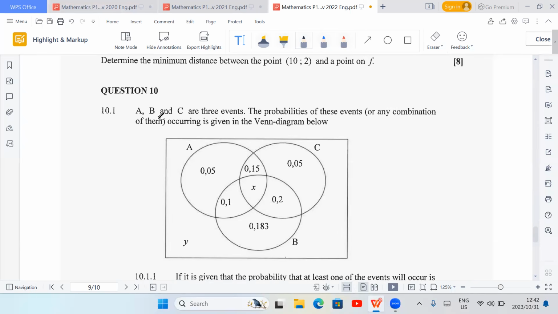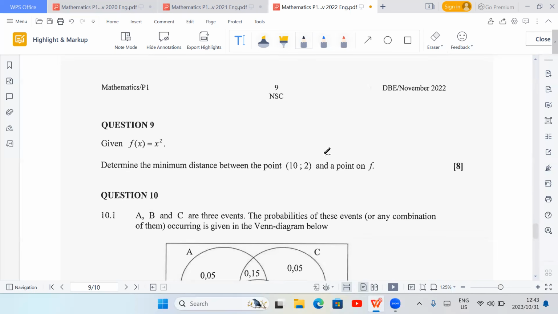Then question 10, A, B, and C are 3 events. The probability of these events or any combination of them occurring is given in the Venn diagram. So guys, for anyone who's interested in solving these questions, I can just make a video where I solve this type of questions, only for those that are interested, the ones that are out there trying to get 100%.